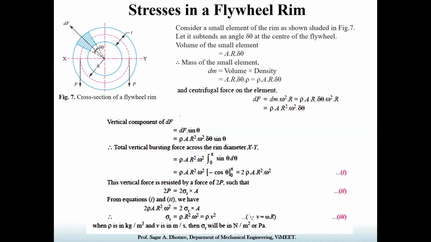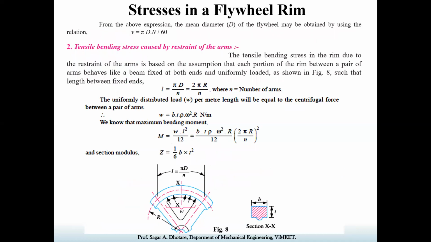So from equation 1 and 2, when we equate, because both are vertical forces, twice rho A R square into omega square is equal to 2 sigma t into A. So the tensile stress is sigma t equal to rho R square omega square, and R square omega square is nothing but v square. So similarly you can find out sigma t, that is the stress induced.